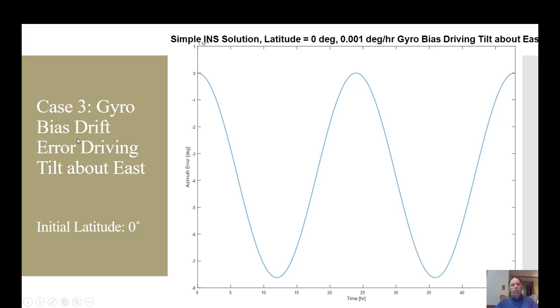So in this case, which was case 3, as you remember, we have a gyro bias drift driving tilt about east, no other errors in terms of initial conditions or other gyros, and again an equatorial latitude. And we see the azimuth error has to start off with 0 as dictated by the initial condition, and then gets driven negative, again with a negative bias in this case.